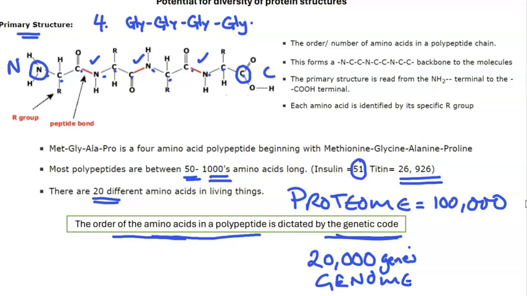So how can it be that 20,000 genes can code for 100,000 proteins? And of course, those are the details that will be found in our study of the nucleic acids and in protein synthesis. The primary structure is the order of the amino acids in a polypeptide.